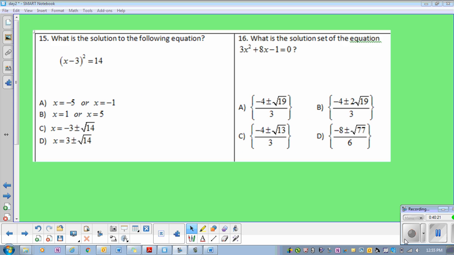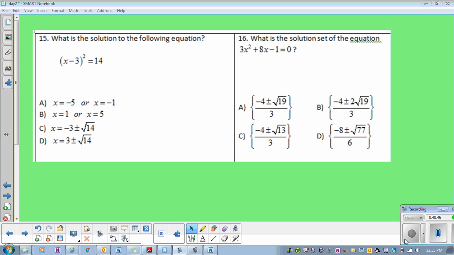All right, what is the solution to the following equation? What did you do here? What did you get? You got D? Does that work? Yes. You could use a store function here too. You could plug in each of those solutions if you had no idea, right?